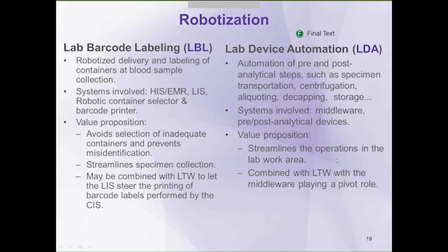So lab device automation streamlines the operations and lab work area, and combined with the lab testing workflow profile, we've already seen that on the other slide, it's kind of closing the loop between the testing on the instrument and reporting the results back to the test submitter.